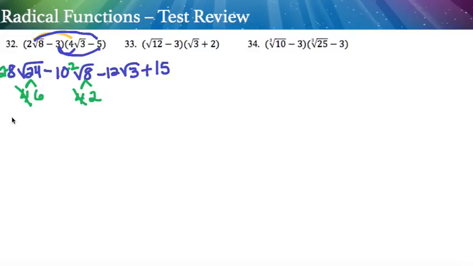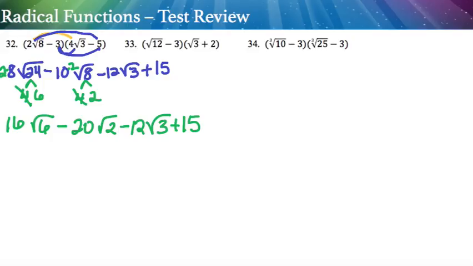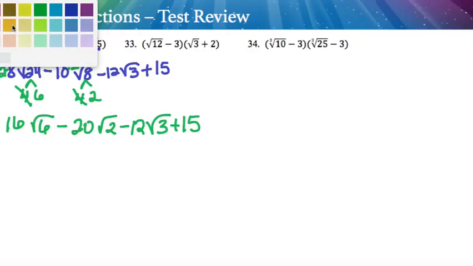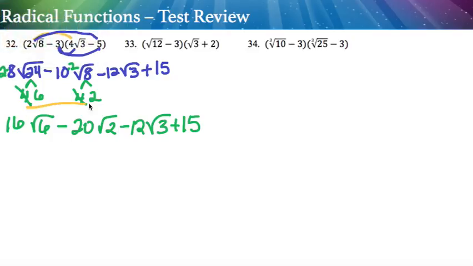So 2 times 8 is 16 with a 6 left over. 10 times 2 is 20 with a 2 left over, minus 12 square root 3 plus 15. Okay, the answer for number 32 is this big long answer right here. All right.